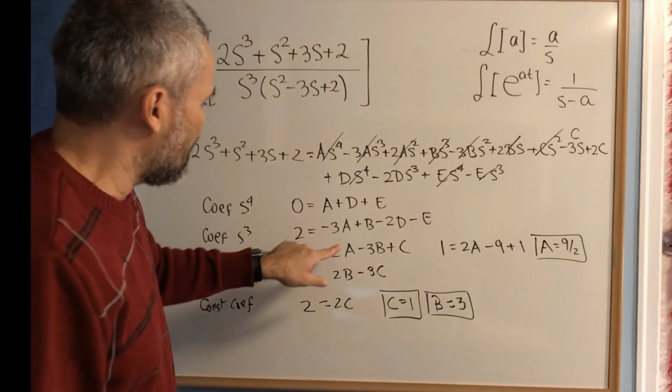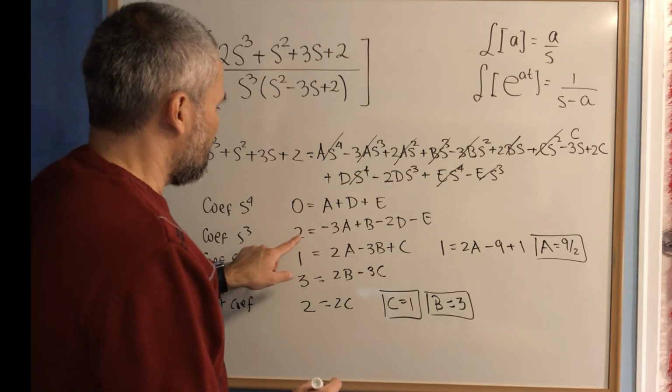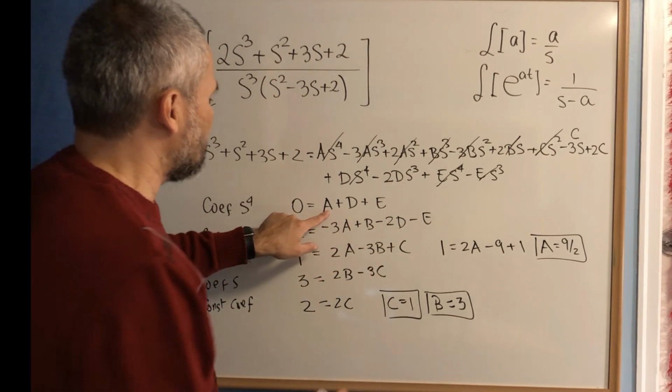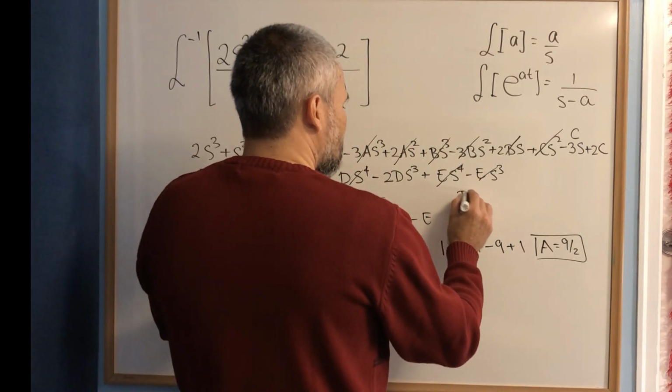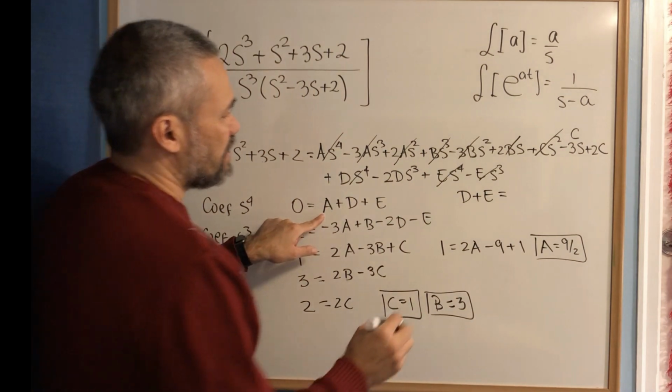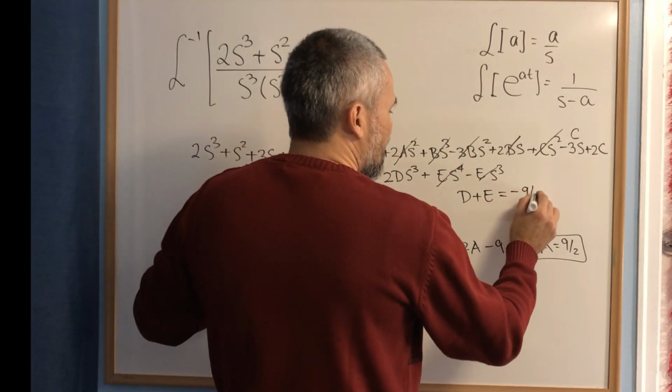right? And when I replace it in this equation, I get that d plus e must be equal to negative a, which is negative 9/2.